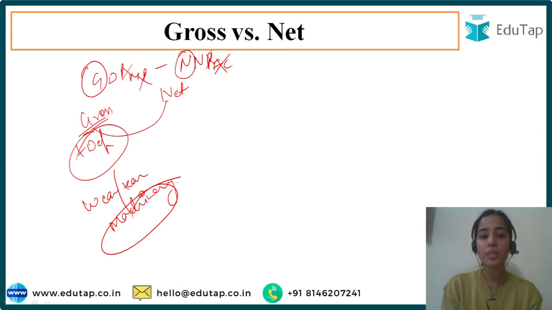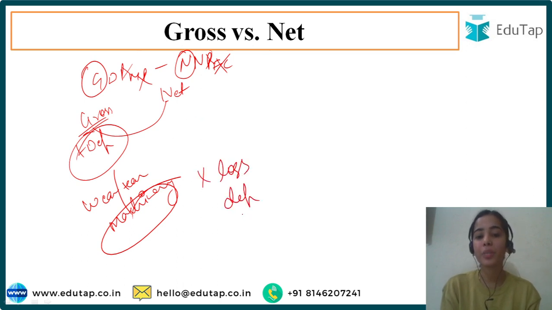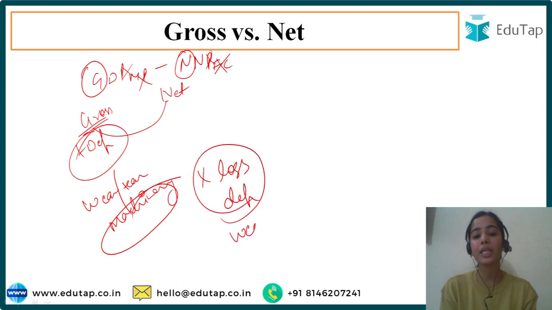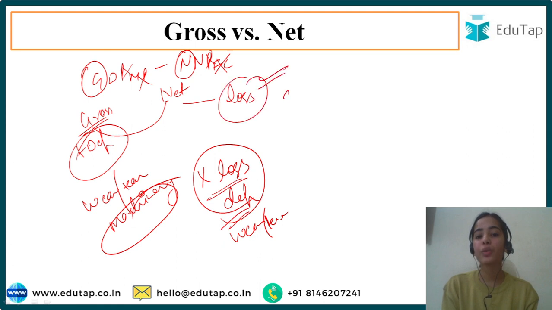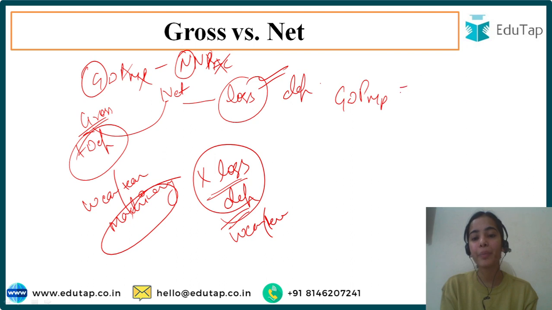So the gross does not take into account the loss that is happening due to the depreciation, the wear and tear of the machinery, and the net takes into account the loss that is happening due to the depreciation. You will be able to understand if we take GDP MP and NDP MP. Everything else is the same, we just have to convert from the net to gross.